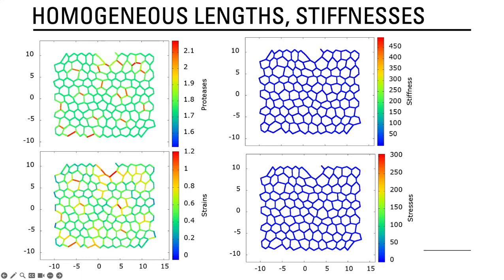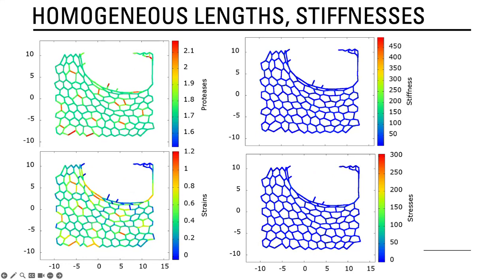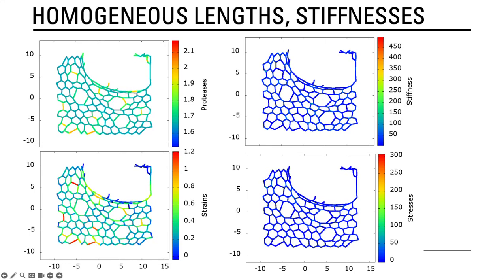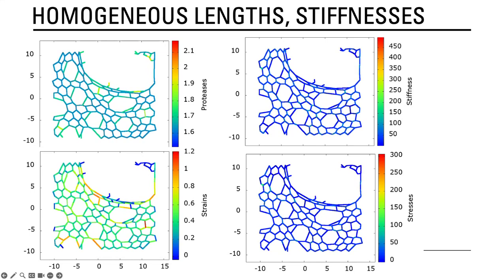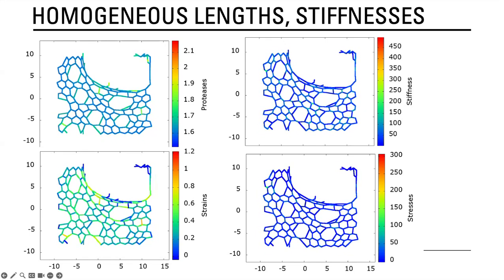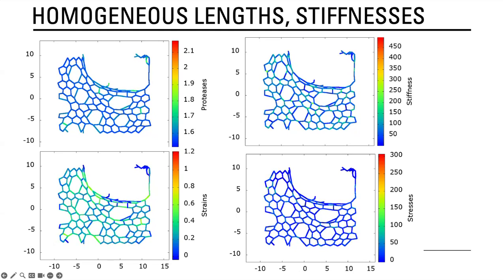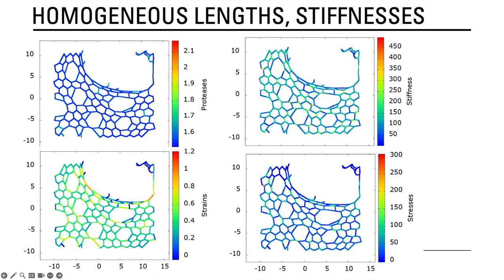So you can now see that some of those injured springs are breaking as a result of exceeding some strain threshold, and the consequent changes in stiffnesses and stresses, which you can't see very well. That's when I start off with all homogeneous natural lengths and stiffnesses.